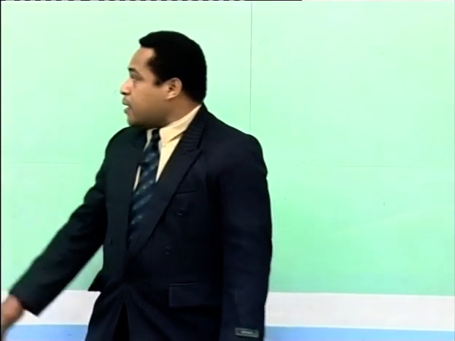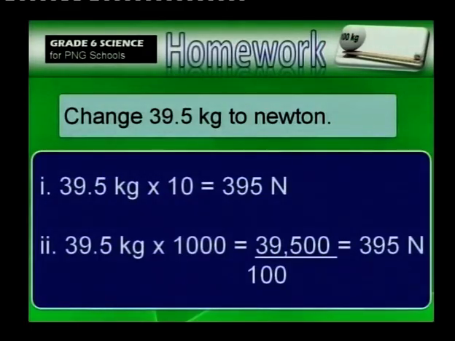So that's why for us to change kilograms to grams, we multiply 3.95 times 1,000, which gives us 39.5 times 1,000 will give us 39,500.